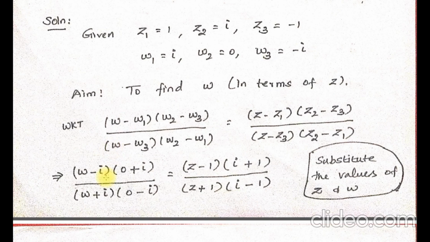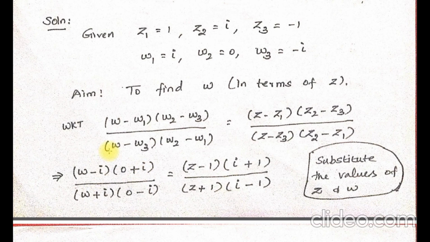The very first step is to substitute the values of w1, w2, w3 and z1, z2, z3 on both sides. So w minus w1 is w minus i, and w2 is 0, then minus w3, so minus of minus i will be plus i.